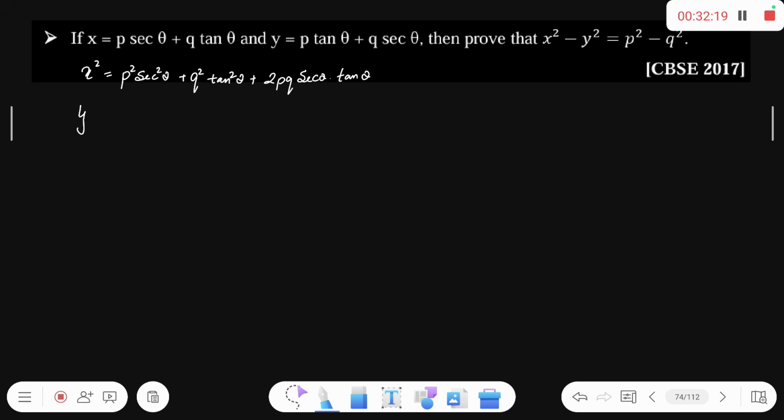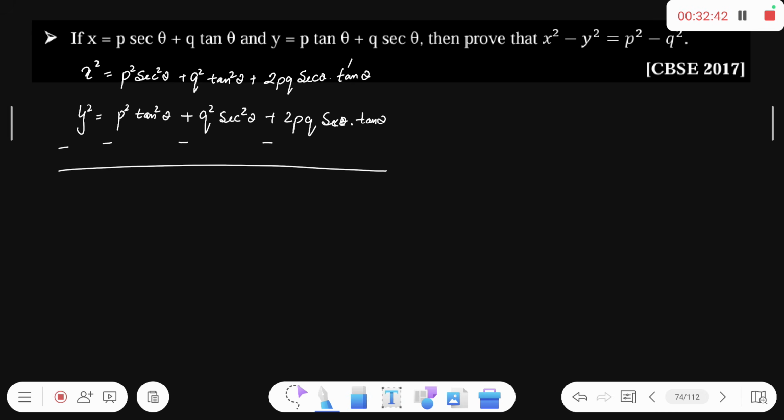Similarly, y square is equal to p square tan square theta plus q square sec square theta plus 2pq sec theta into tan theta. If you subtract this, this will be cancelled out.